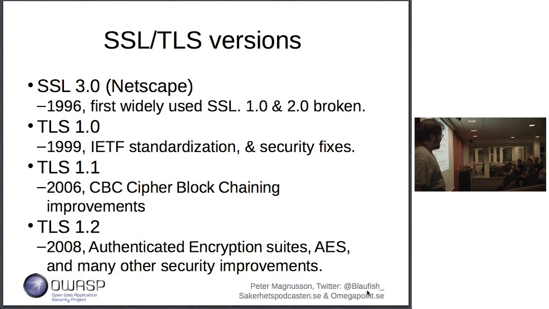With the different revisions, they actually increased security. So it wasn't just standardized, they fixed some security issues in the protocol. And in the next version, they also fixed security flaws. And then they fixed security flaws again, as well as introduced a lot of new ciphers.